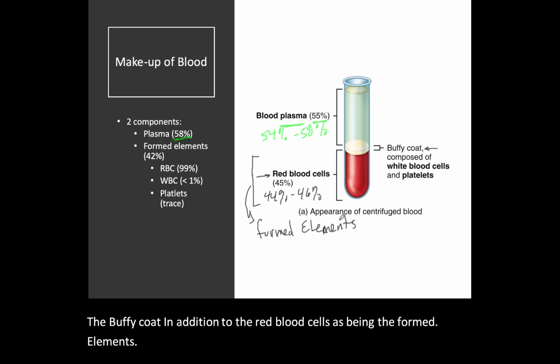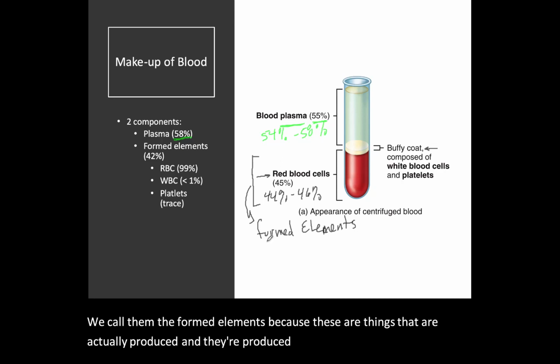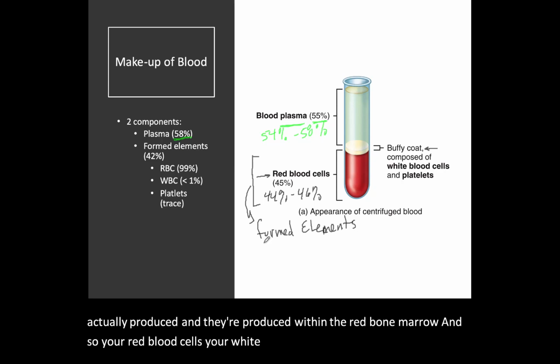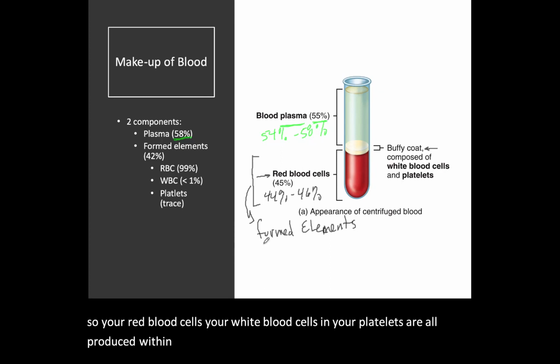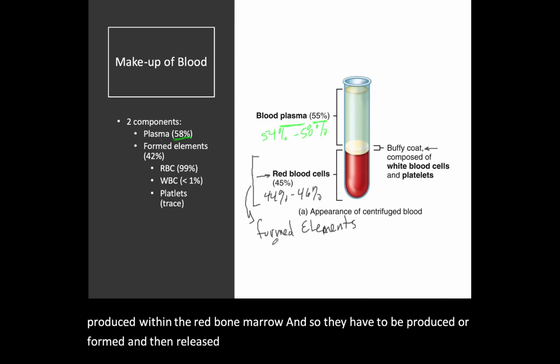We call them the formed elements because these are things that are actually produced. And they're produced within the red bone marrow. And so your red blood cells, your white blood cells, and your platelets are all produced within the red bone marrow. And so they have to be produced or formed and then released into the plasma.